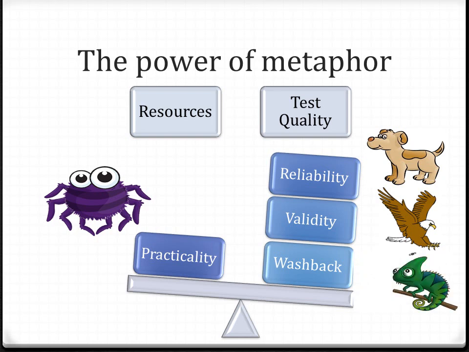And for washback, the chameleon, which changes color based on its background. Once students have decided on these, I can use these images or icons whenever we're talking about these test qualities later. It's a way to help them remember.